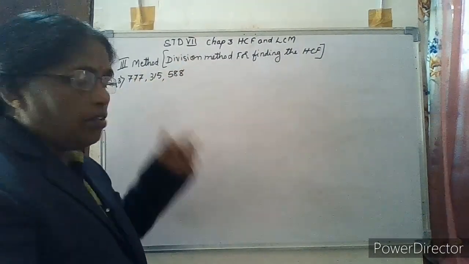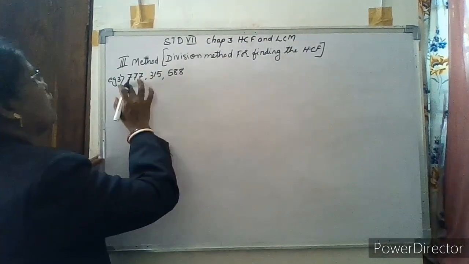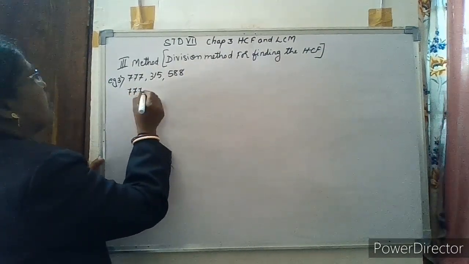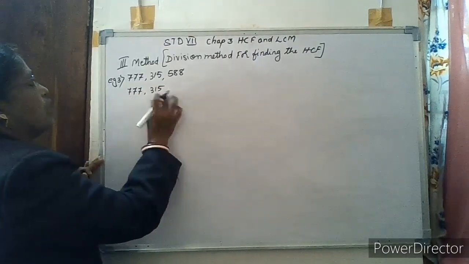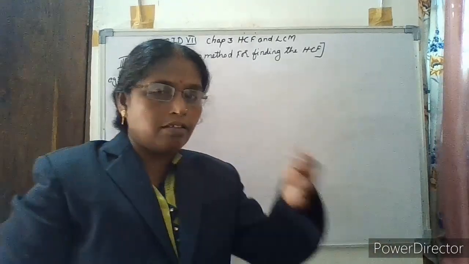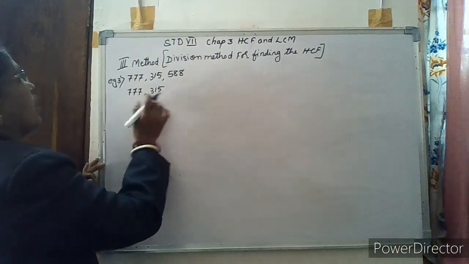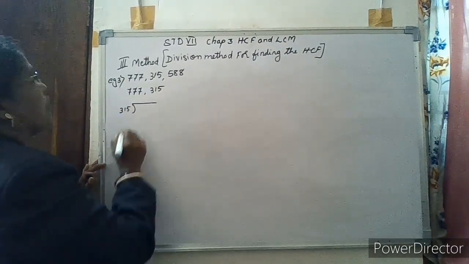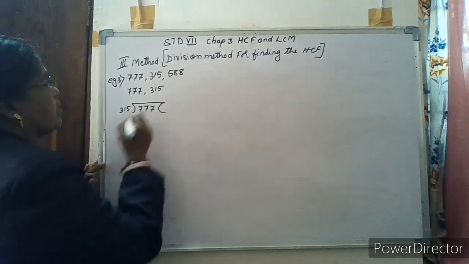In this case, you have to take the first 2 numbers, 777 and 350. These 2 numbers you take and do division as we have learned for the first and second questions. So again here the smaller number is 350, take this as the divisor. 777 is the bigger number, take this as the dividend.